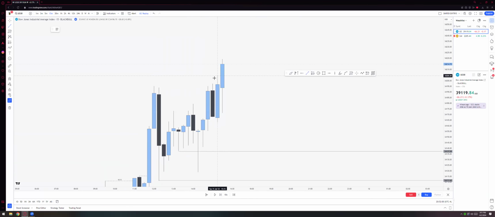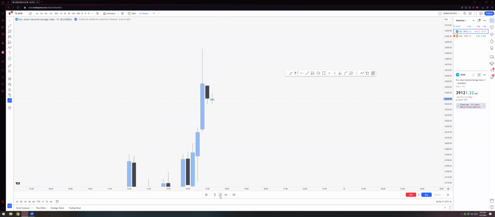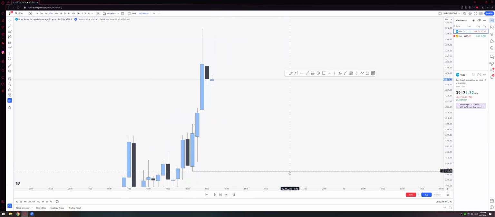So where's the liquidity going to be located here, guys? If you guys can tell me. On the higher low. Yeah, that one. Okay. All right, so we have liquidity formation here, yes or no?